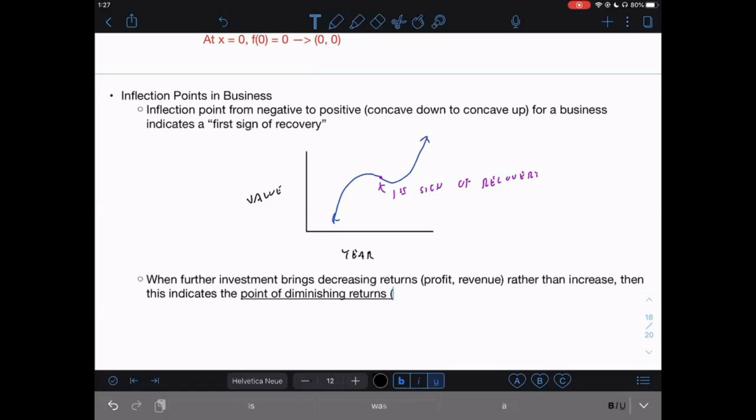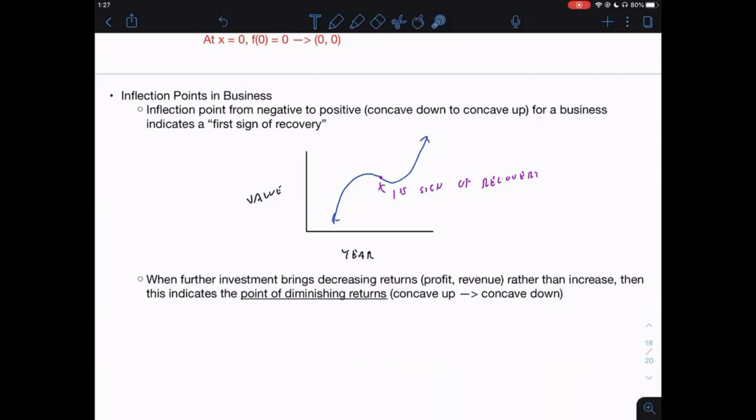This occurs when a function goes from concave up to concave down. Now we're starting to lose revenue or profit. So when it comes to business applications and concavity, we want to look for where our value changes from negative to positive, meaning our first round of recovery, and then a point of diminishing returns, when it goes from concave up to concave down, pretty much the opposite of what we see in this graph.